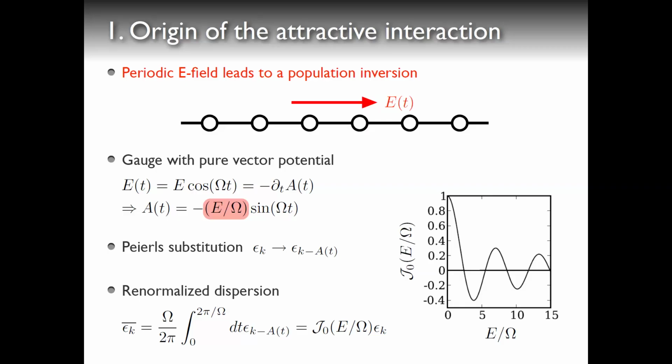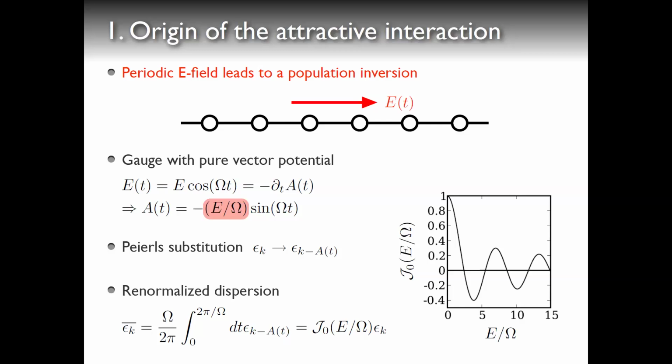Now the field enters the calculation through the so-called Peierls substitution. That is, we shift the momentum of our dispersion by the time-dependent vector potential. And now a good idea for what is going on can be gained by averaging this time-dependent dispersion over one period of the driving field.